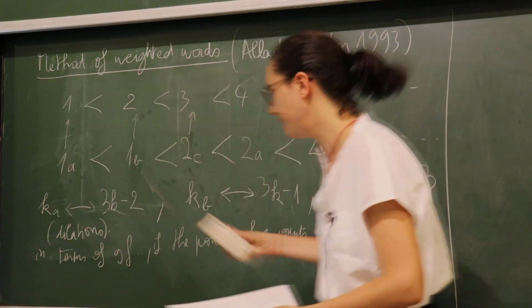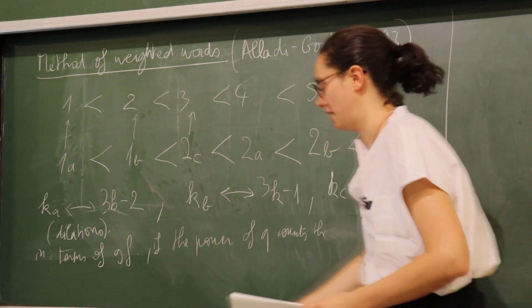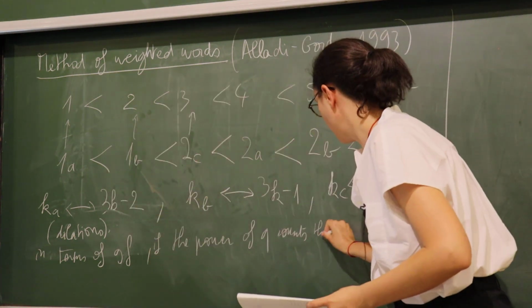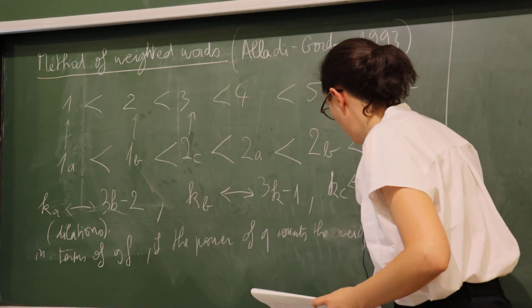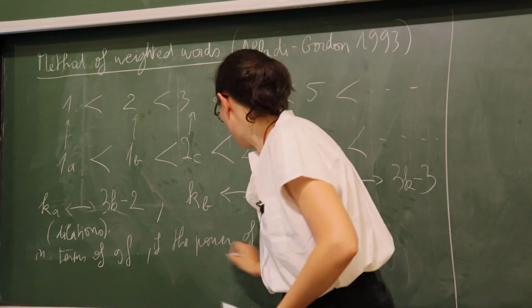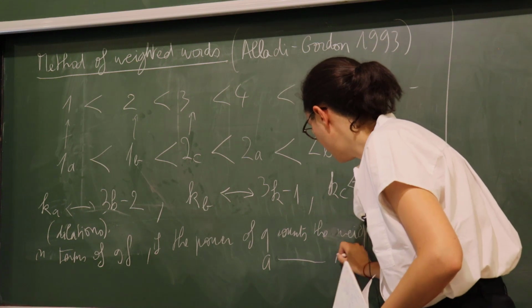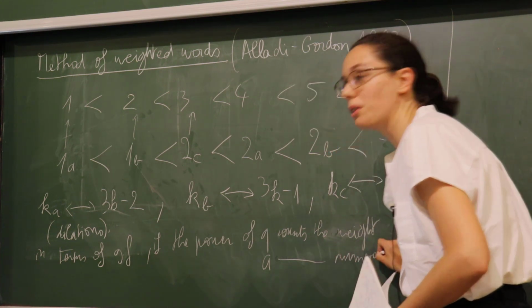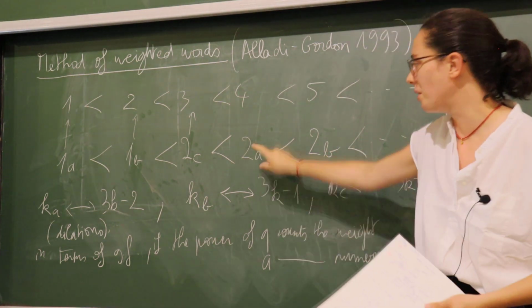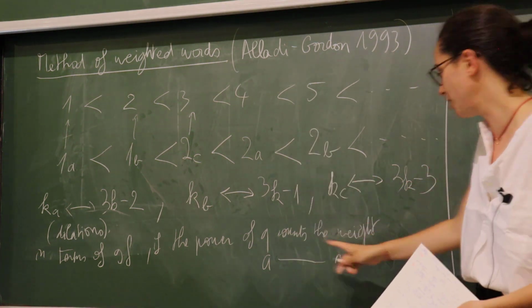That's simpler because we've seen it in other lectures. Okay, so if the power of q counts the weight of the partition, and the power of A counts the number of parts colored A, we just take the same variable as the color because it's simpler in the generating function.